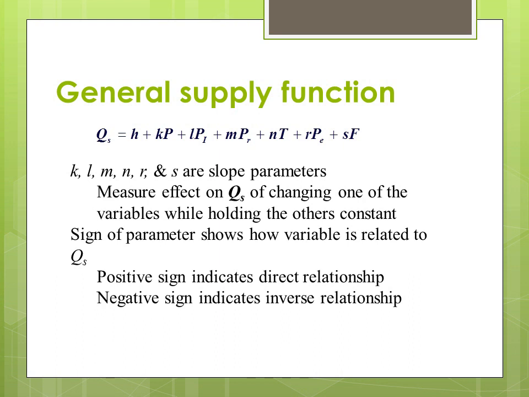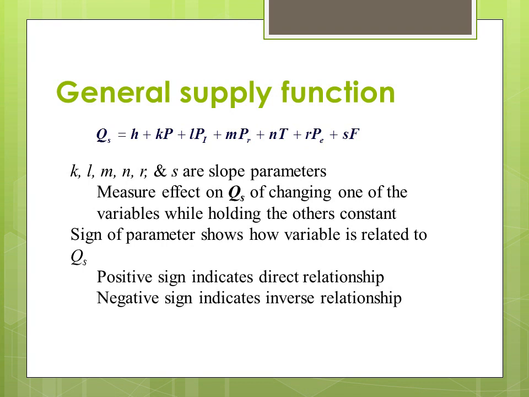So we measure the effect on QS of changing one of the variables while holding the others constant. So when one variable changes and the others remain constant, then due to the change of one variable, changes come in quantity supplied, which is our dependent variable.